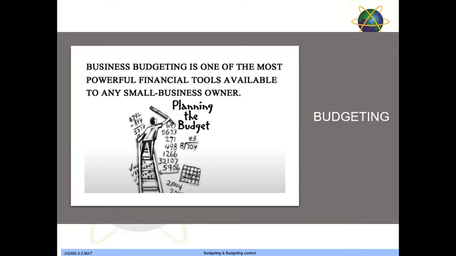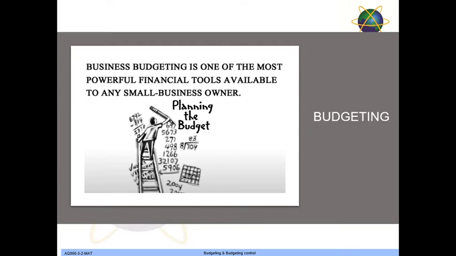Business budgeting is one of the most powerful financial tools available to any business owner. The most effective financial budget includes both short-range, month-to-month planning, like I told you before.